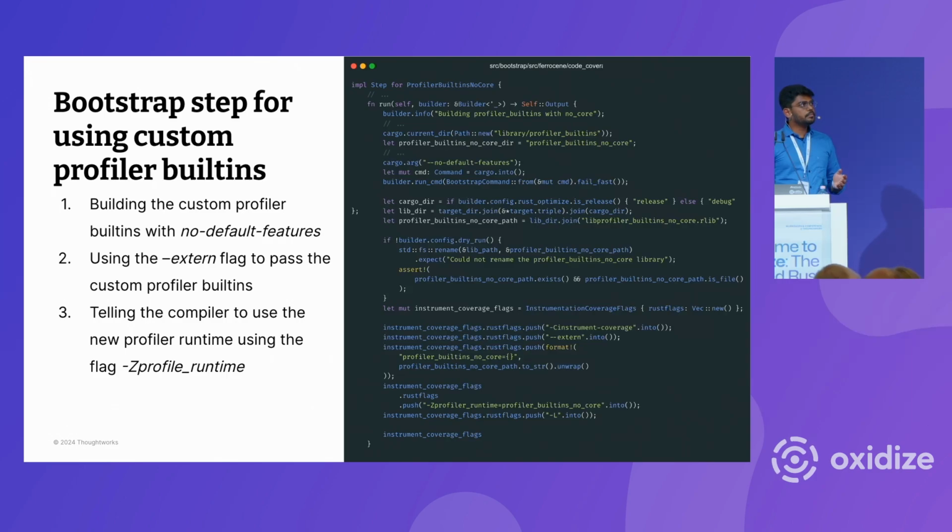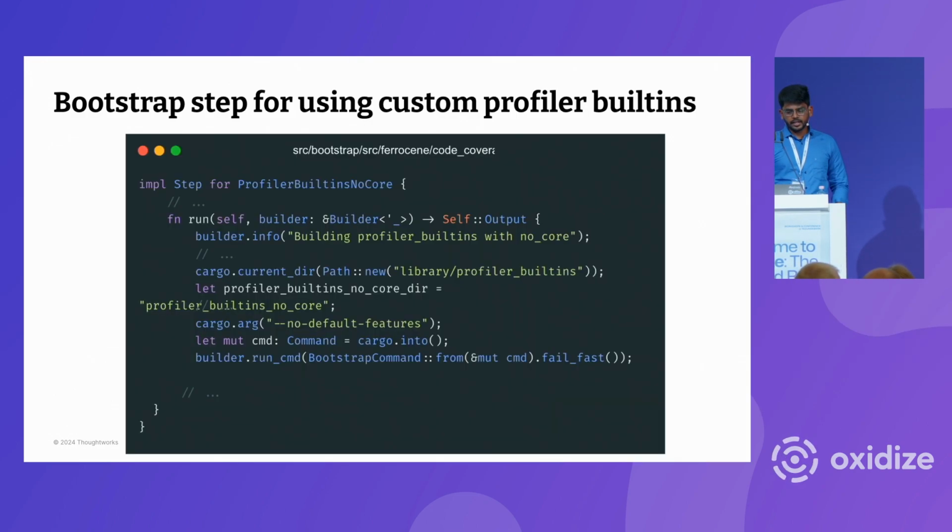And we needed a build step for the bootstrap. Like I said previously, bootstrap is used to build your compiler build script. There are different steps it has for each and every process that happens internally in building the compiler. There are three different things here, right? The first thing is to build your custom profiler runtime.